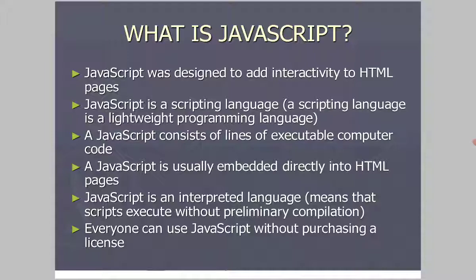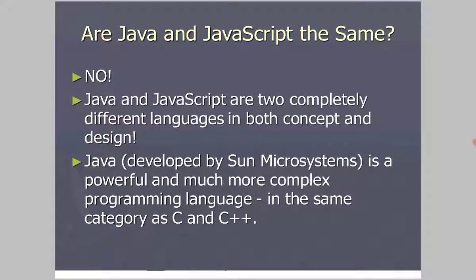JavaScript is an interpreted language, means the scripts execute without preliminary compilation. Means browsers can directly accept and execute the code used with JavaScript. Why? Because it is an interpreted language used by many browsers. Everyone can use JavaScript without purchasing a license. So JavaScript is generally free.